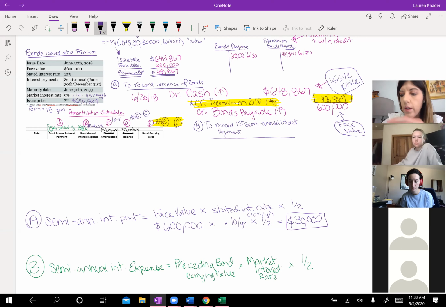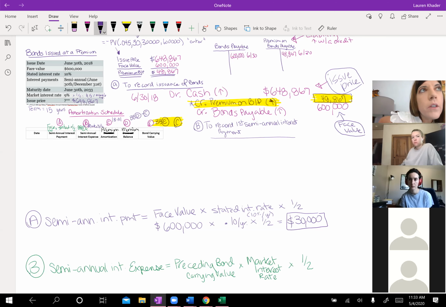Because the discount is reducing the carrying value because it's a contra liability. We issued the bonds for less than face value versus a premium on bonds payable, which is being added together with the liability because we issue the bonds above face value.